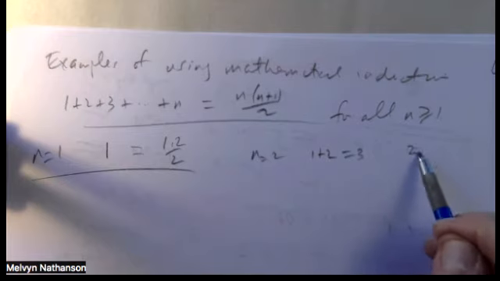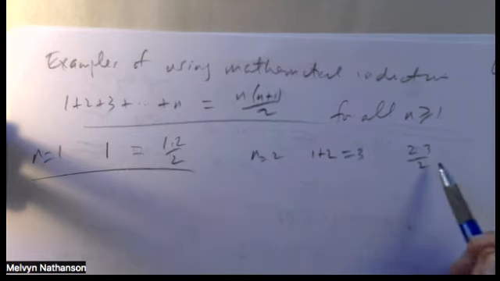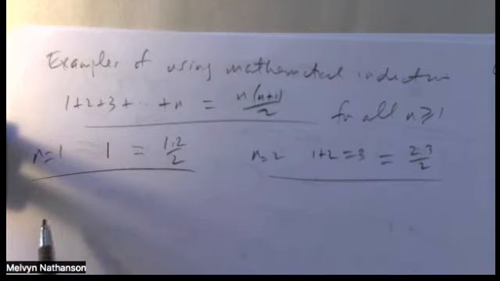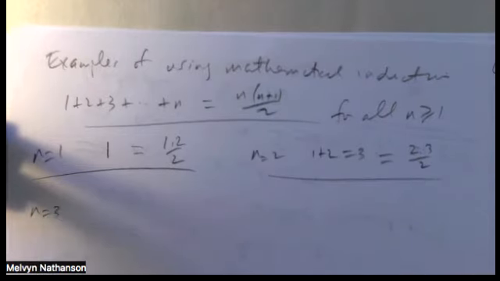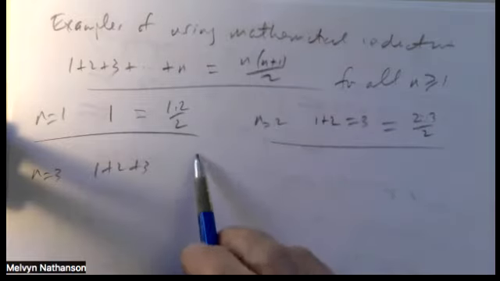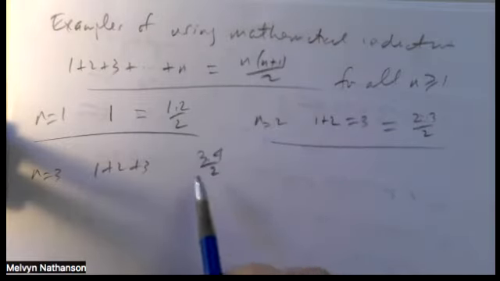On the right, you have 2 times 3 over 2, which is also 3. N equals 3. On the left, you have 1 plus 2 plus 3. On the right, you have 3 times 4 over 2, and they're both equal to 6.